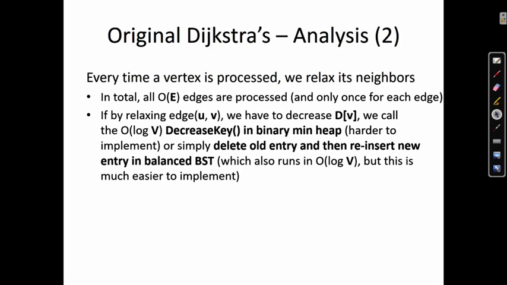If you have done PS1 and try to do this, you will find that it's O log V time. Even if you don't do decrease key on a binary heap, in a balanced BST you just delete the old entry and reinsert the new entry. So deletion and insertion are still O log V time. For this one, you can use a tree set if you are doing a balanced BST.